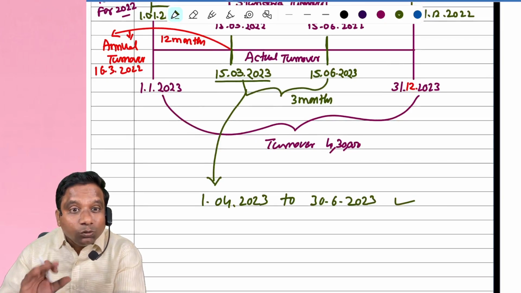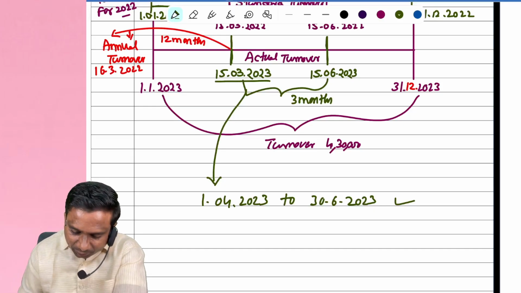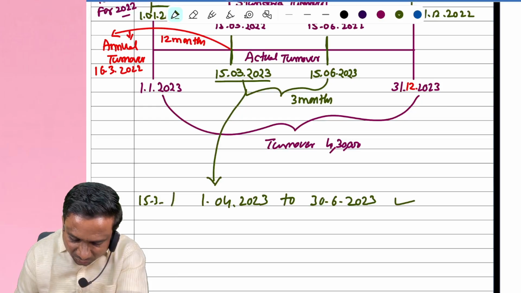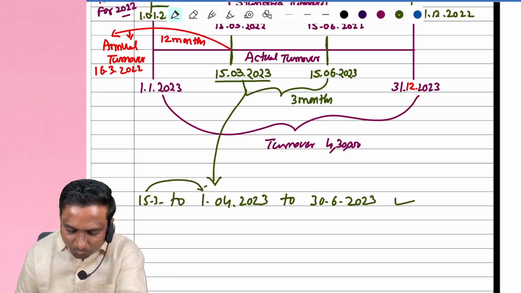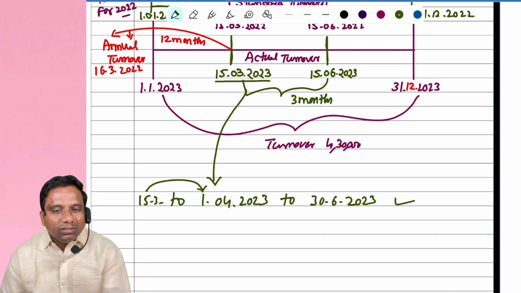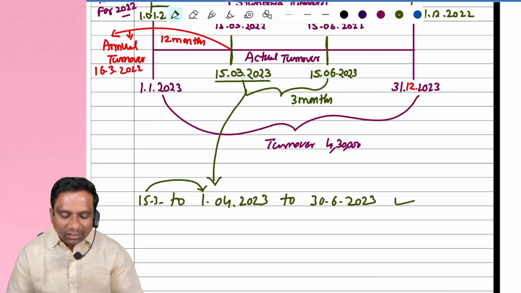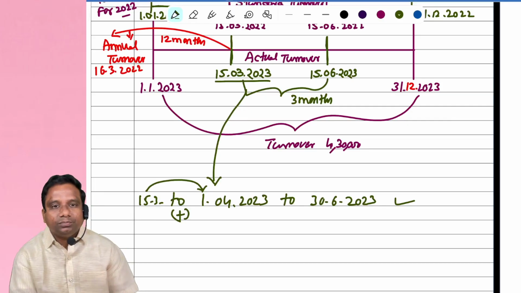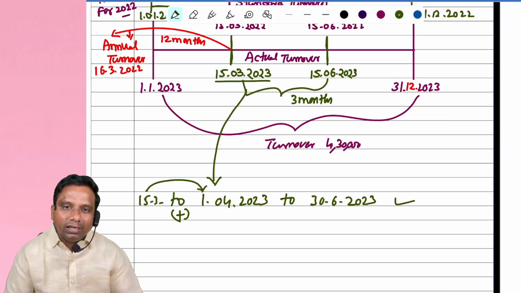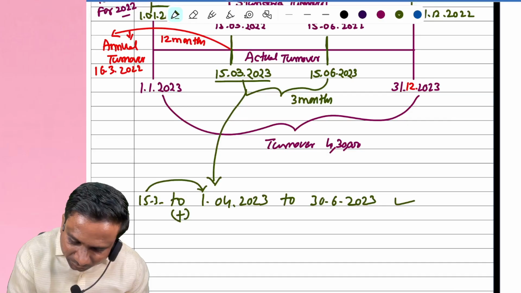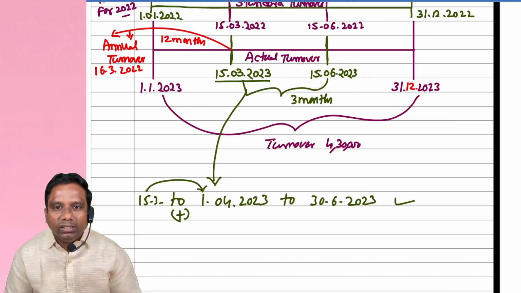Now from this, whatever the sales that happened from 15/3 to 14/4 2023, I will add. Next, we need what date? Here it is 15/6/2023.